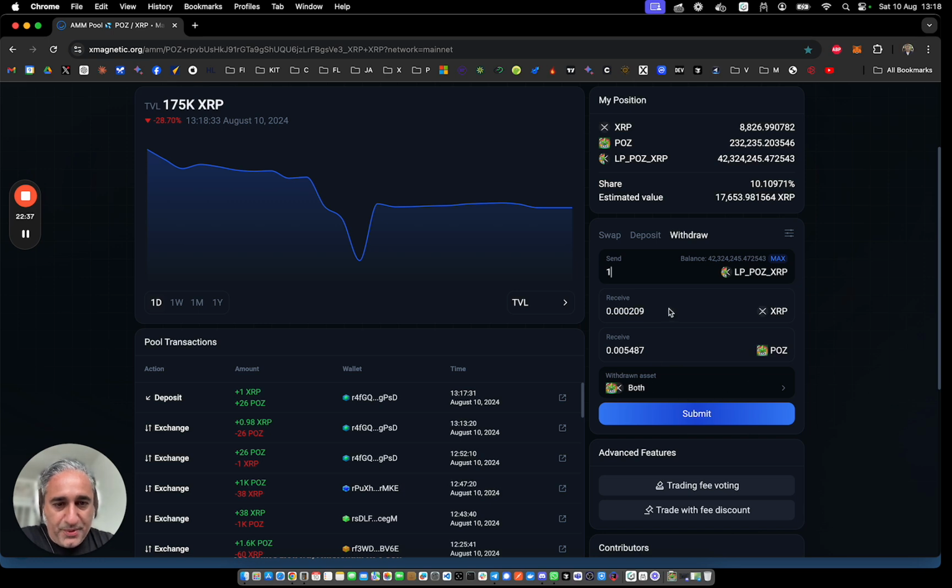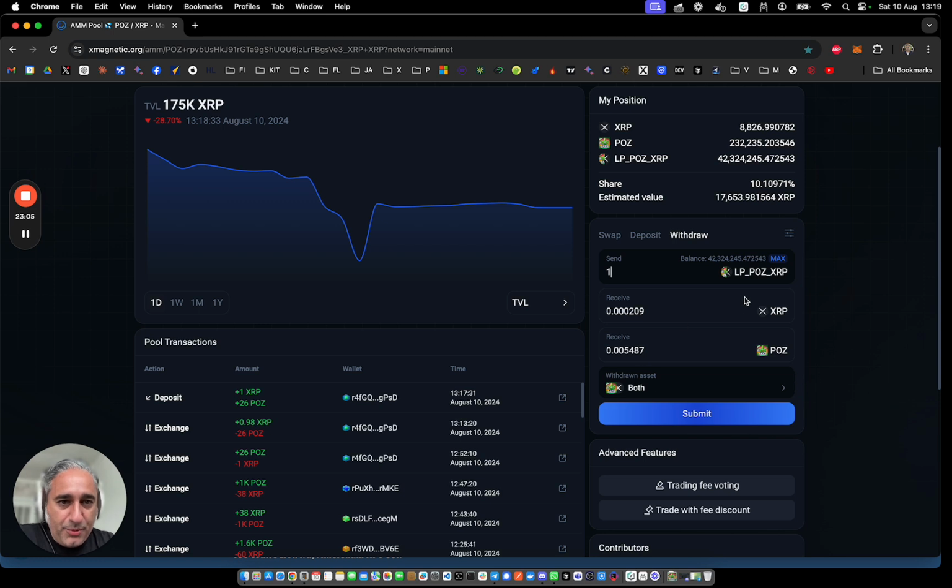If you were to do a single-sided withdrawal of XRP, you will basically send the price of POS XRP down, because you're removing XRP from the pool. You're depleting the supply of XRP, and the exchange rate of POS XRP will try and rebalance that. It will try and incentivize arbitrageurs to bring XRP to the pool, so it weakens the price of POS.